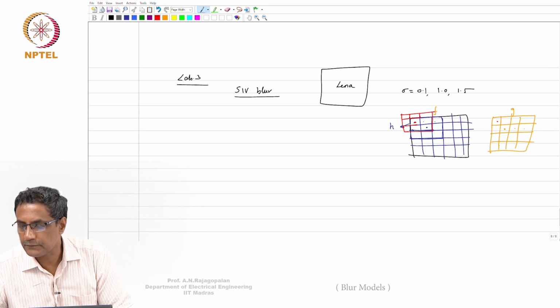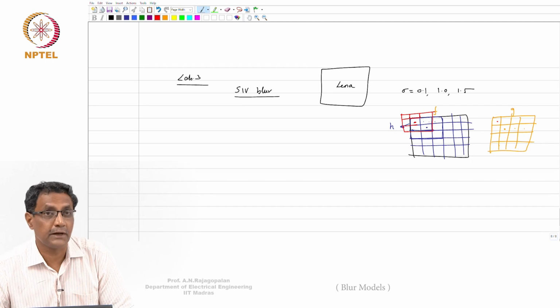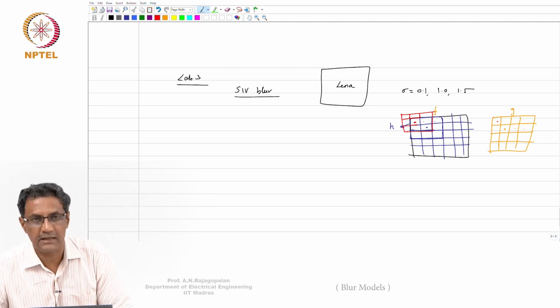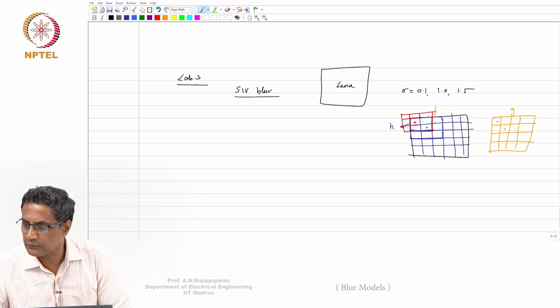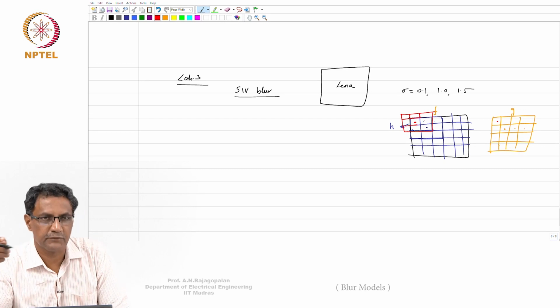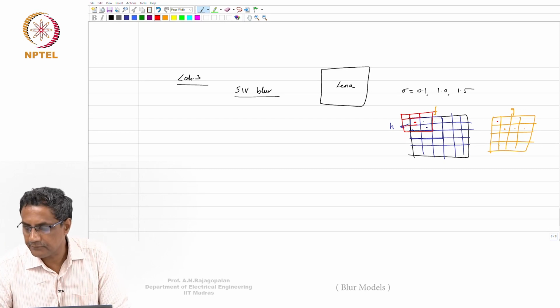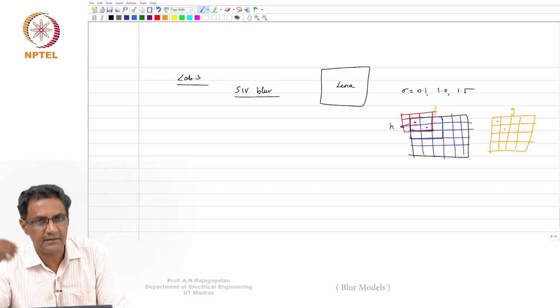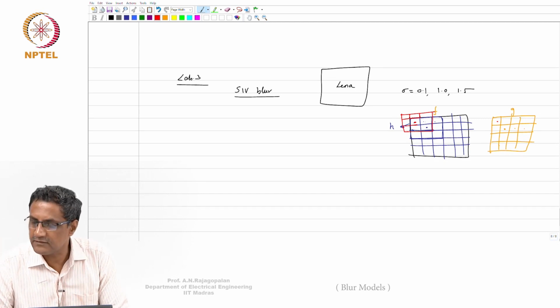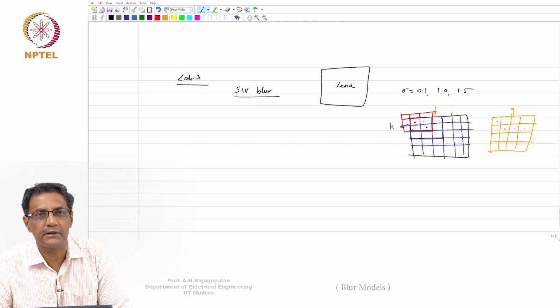In order to make sure that you don't end up reducing the intensity just because there's nothing outside, we ask you to look only at the 4 values under the kernel if it's 3 cross 3, scale them by their sum so that they sum to 1, and then copy that intensity here. Just take a weighted average like that.